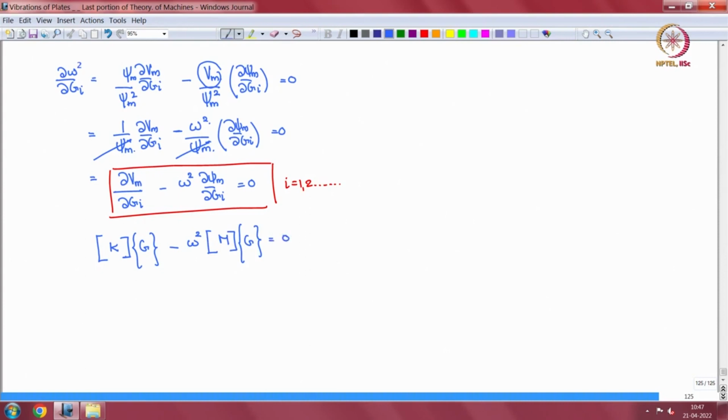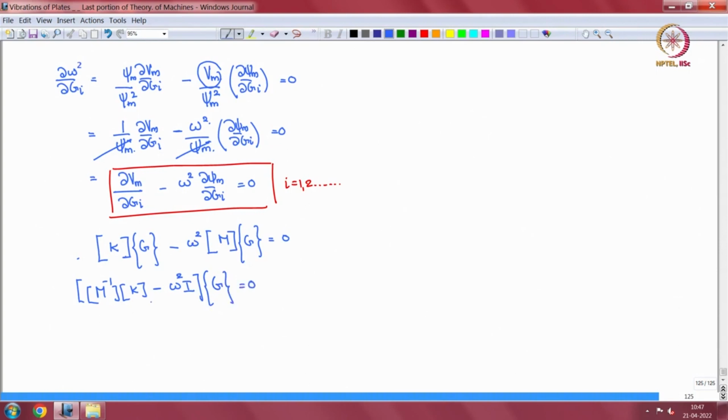If I multiply by M inverse, I get M inverse K minus omega square I into G equal to 0.